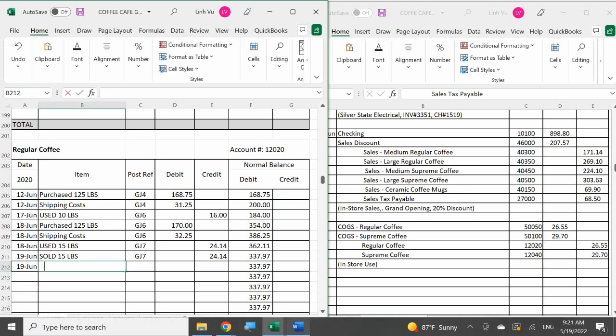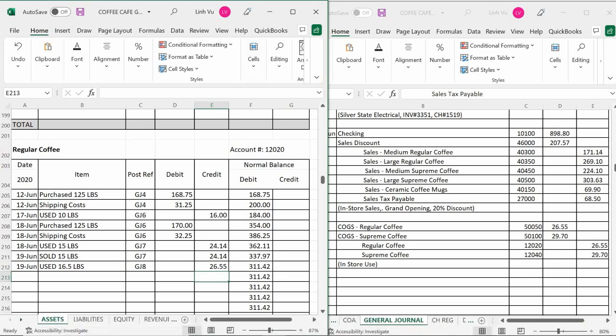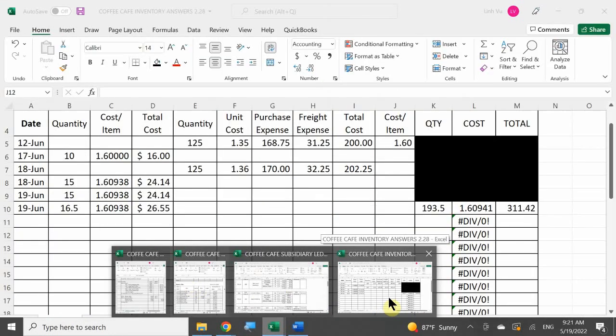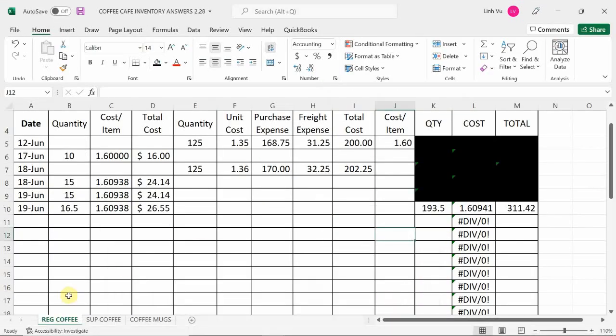I end up using 16 and a half pounds, which cost me $26.55. So I should have $311.42. Okay, and does that match my inventory worksheet? Yes, it does. $311.42.